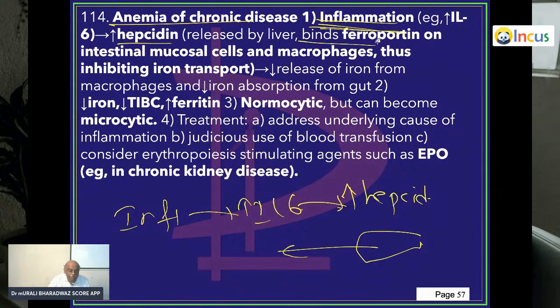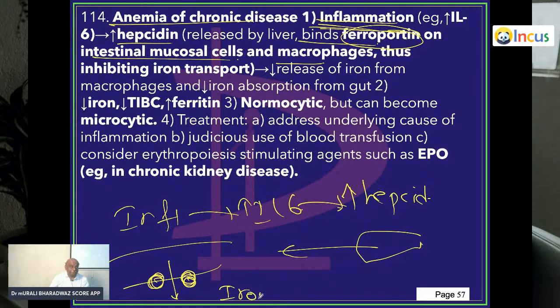Hepcidin will bind with ferroportin, which is there on the intestinal mucosal cells and macrophages, and that inhibits iron absorption. Due to that, there is decreased release of iron from macrophages and decreased absorption of iron from the gut, because ferroportin is there in both the macrophages and also on the intestinal mucosa.